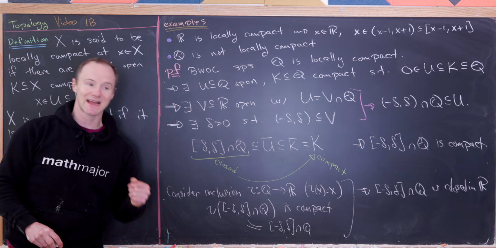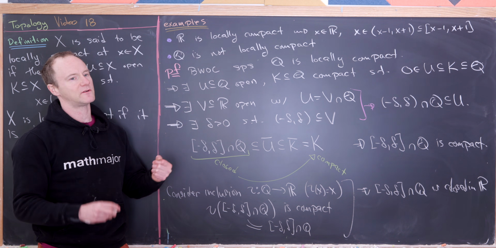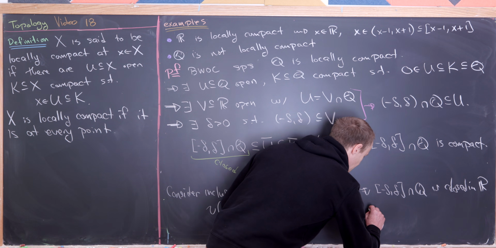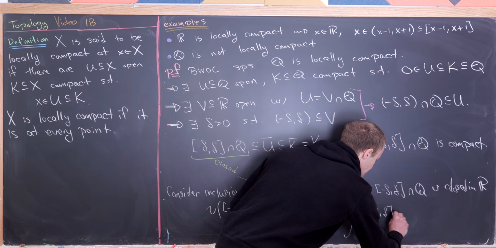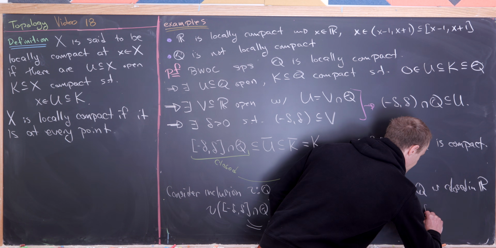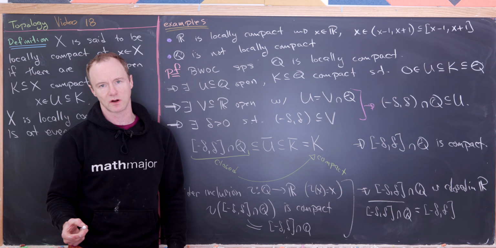But now if a set's closed, then its closure is itself. Well, a lot of things are about to go wrong. First of all, notice that the closure of this inside of R is simply equal to the interval from minus delta to delta, which is not what we started with.